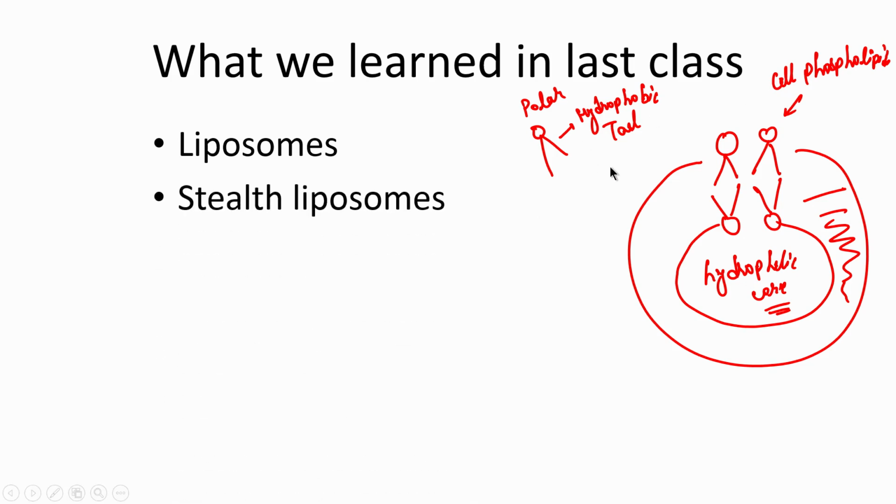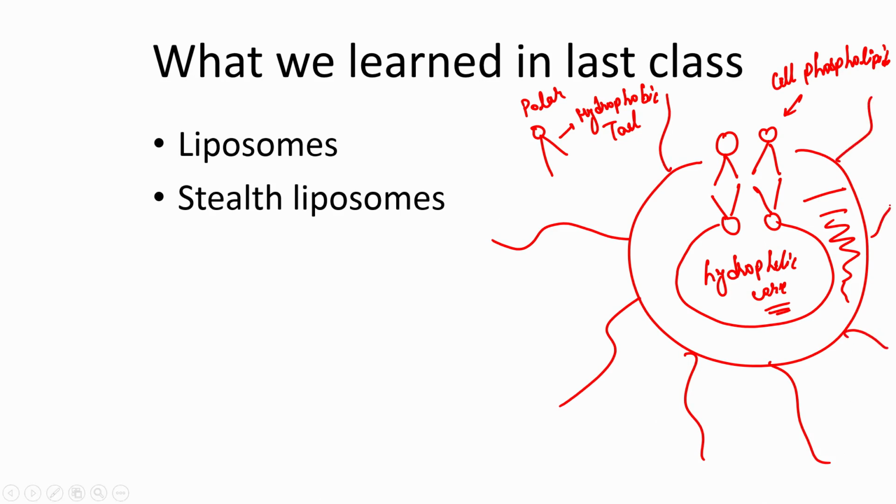Next we talked about stealth liposomes. So similar to the polymer drug conjugate that we had talked about a few classes ago, stealth liposomes can also be made by pegylating the external surface. Right. So you can have lipids that are conjugated to PEG or some other hydrophilic molecule, or you can have some conjugation chemistry taking place between the PEG molecule and the lipid itself to get this pegylation.